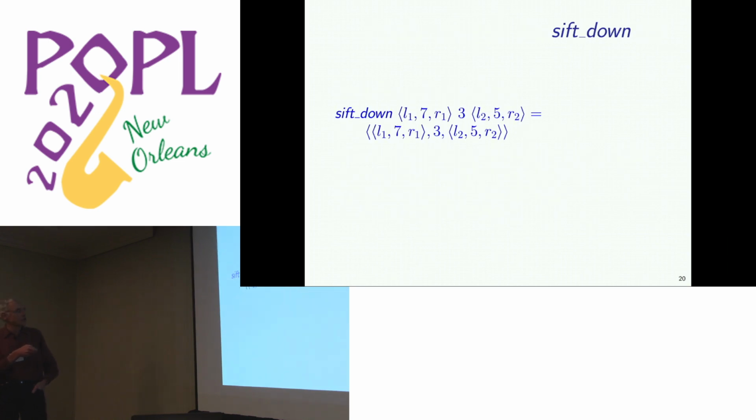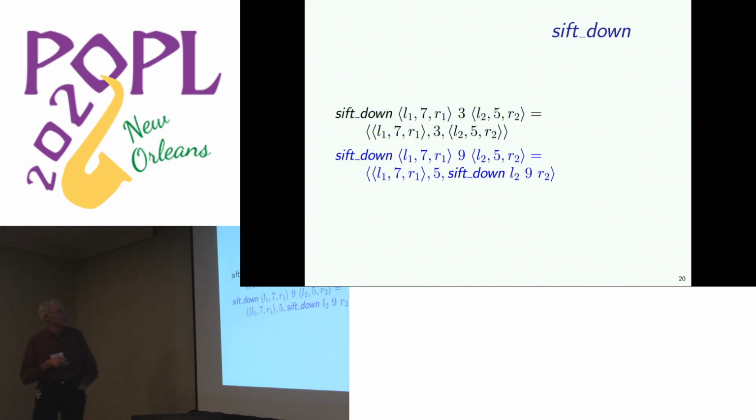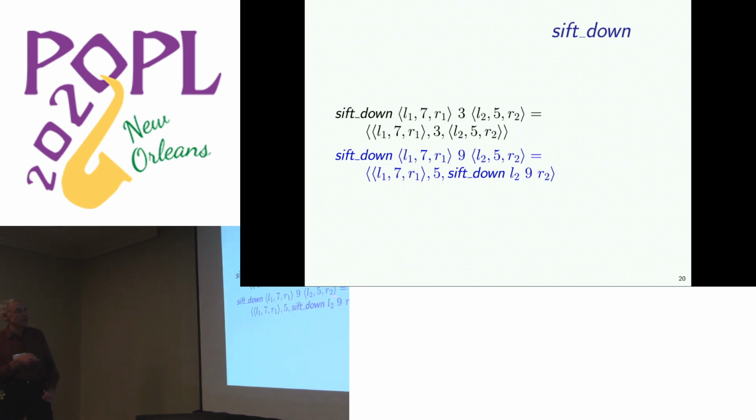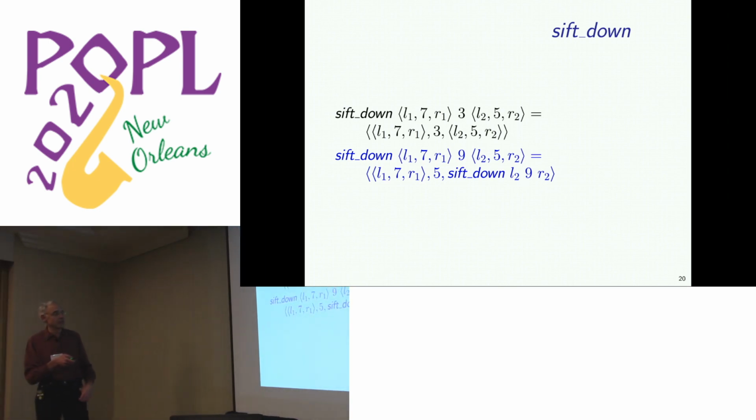Sift down: if you have two heaps and an element in the middle, and the element in the middle is really smaller than the two heaps, then you just create a new node with that element in the middle. If, on the other hand, you have an element that's bigger, at least bigger than one of the two heaps, you have to let it sift down further. So you take the root of the smaller heap and put it in the middle. One heap goes unchanged, and in the other heap, you let the element in the middle sift down.